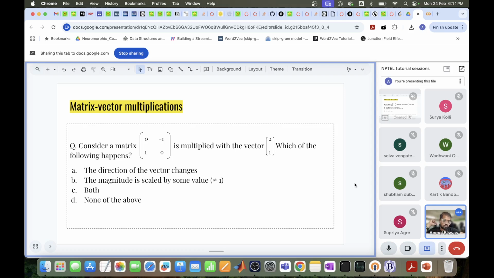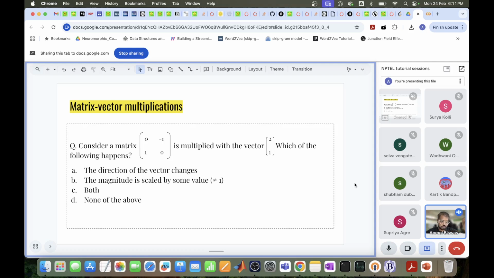It is either scaling the vector, right? So if vector was of certain length, then after the matrix vector product, it can become longer or shorter, right? Other thing that a matrix vector product does is that it rotates the vector by some angle, right? This is how you can basically visualize matrix vector products.